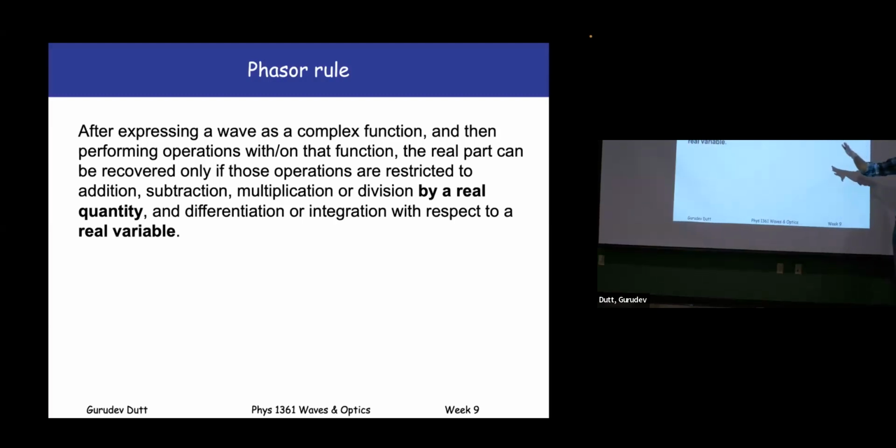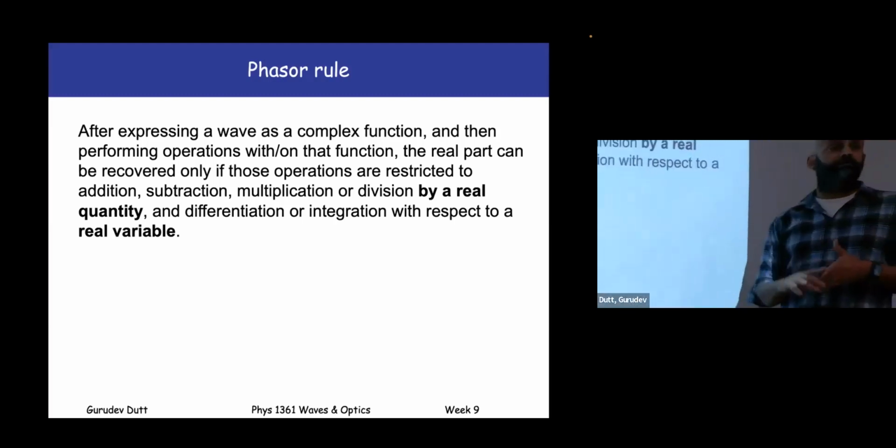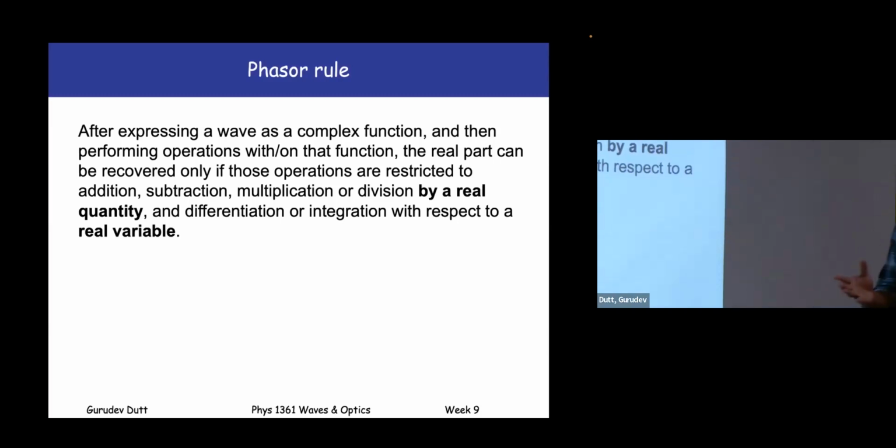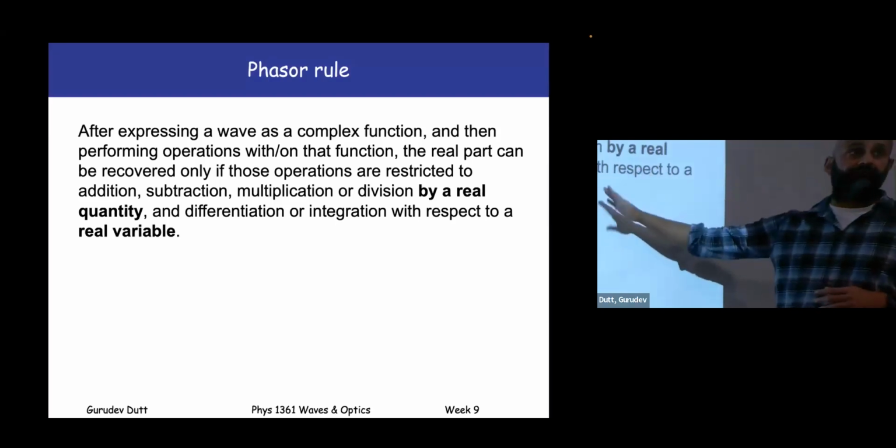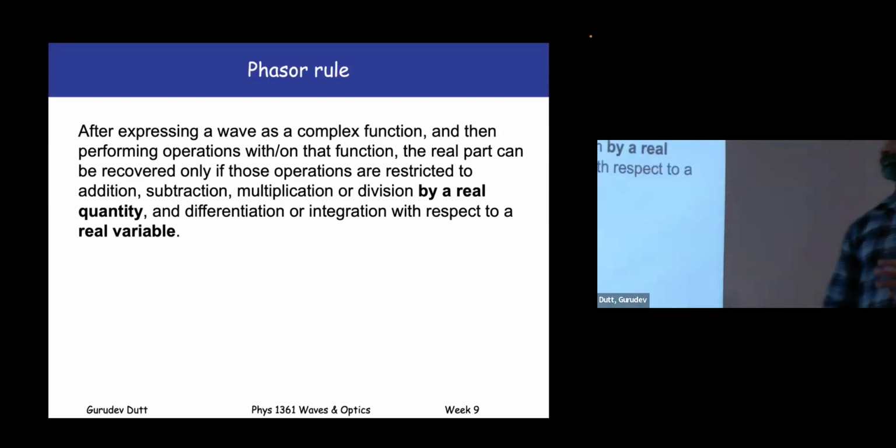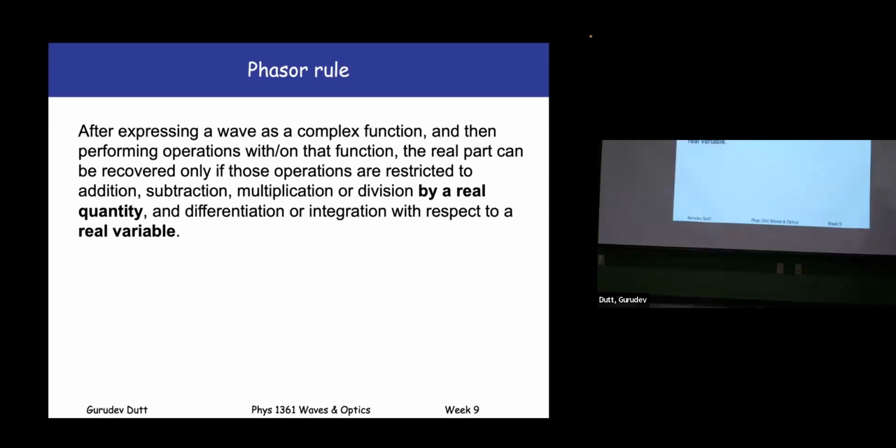So as long as I restrict myself to that behavior, where I'm only adding or subtracting or multiplying or dividing by a real number or a real function, and also I can differentiate or integrate with respect to a real variable, that's also allowed. As long as I do that, then with all the phasor manipulation, at the end, if I take the real part, I'll get the same answer as if I had done that with just the cosine or sine functions, the physical wave itself.